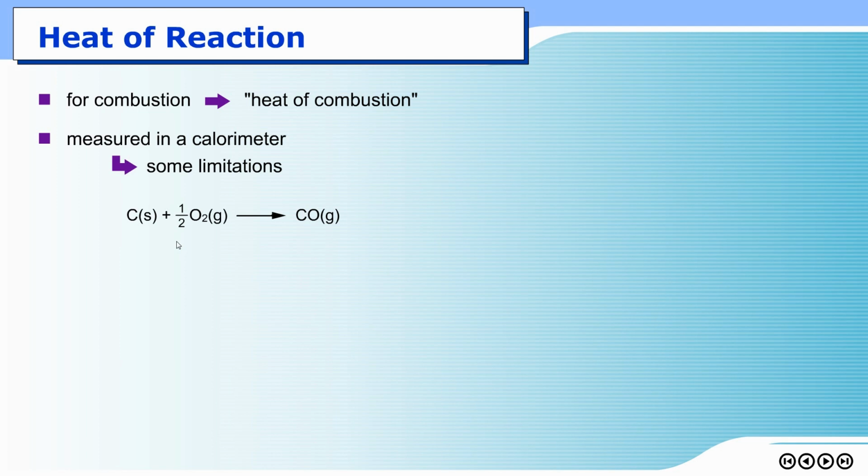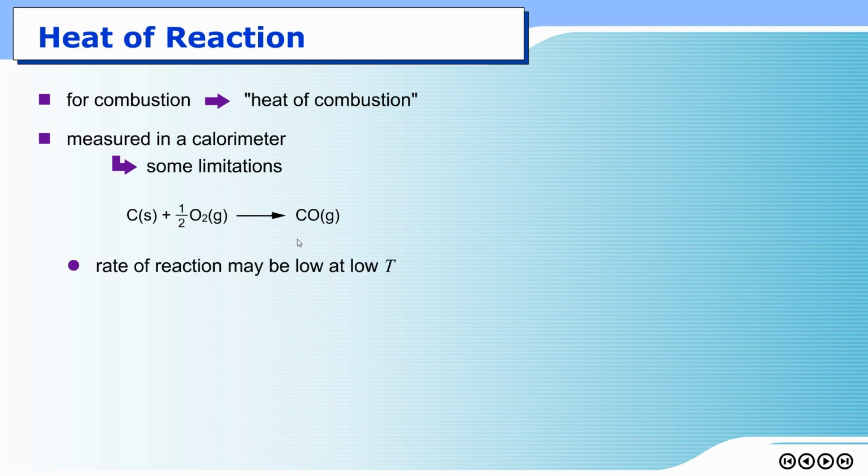So this is incomplete combustion. If I want to learn the heat of reaction for this particular reaction, what should I do? Can I put some charcoal together with oxygen and measure the change in temperature so that I can calculate heat from the calorimeter?